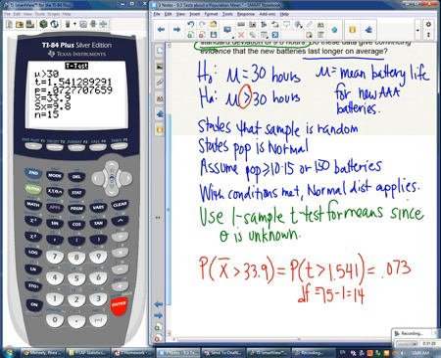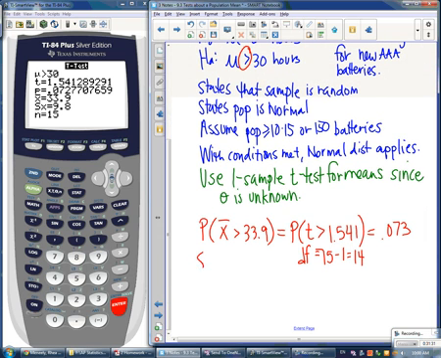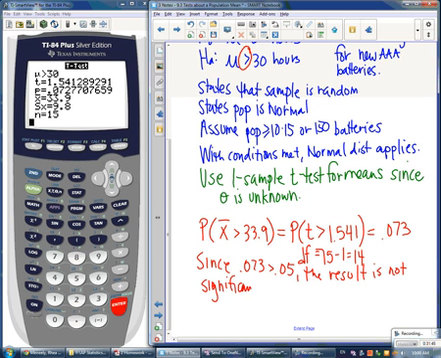Since that value is not unusual, or since 0.073 is greater than 0.05, I would say the result is not significant. Therefore, we cannot reject the null hypothesis.